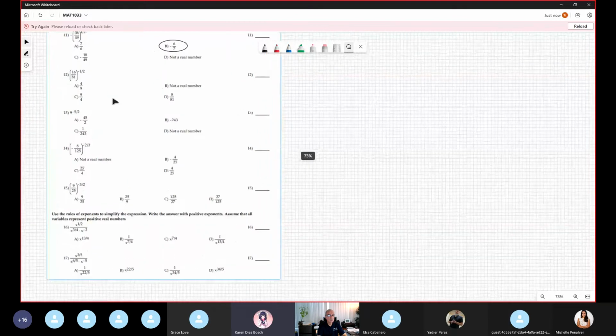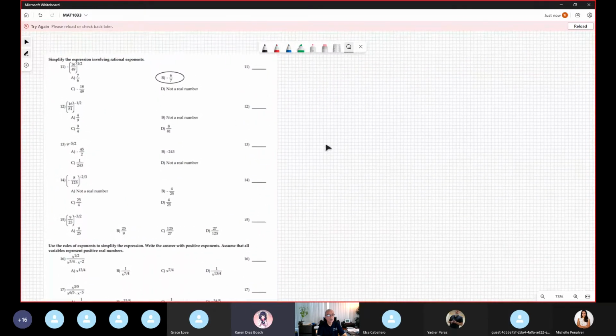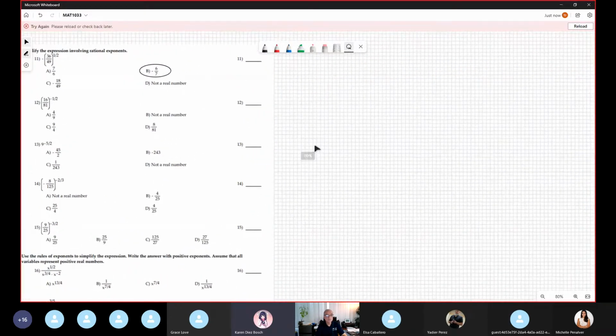Positive and negative. Now let's do number 12. It's the parenthesis 16 over 81 raised to the negative 1/2. A negative exponent and a fraction exponent.